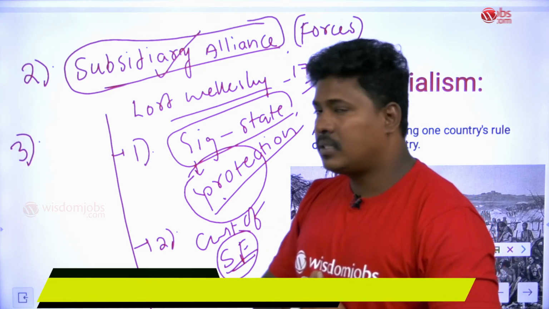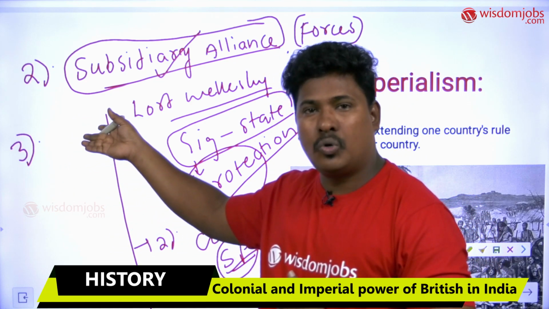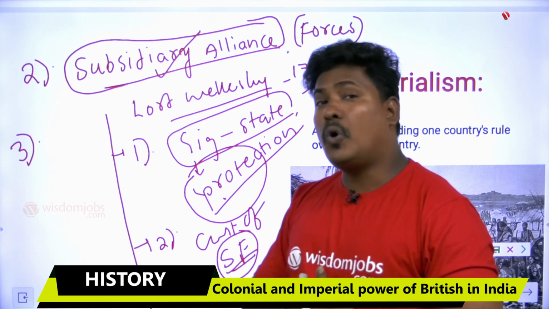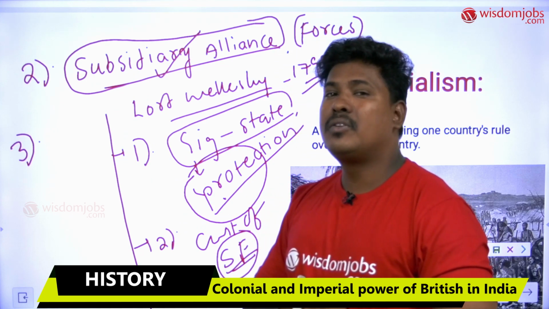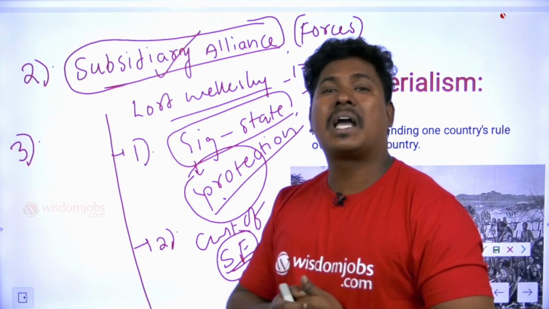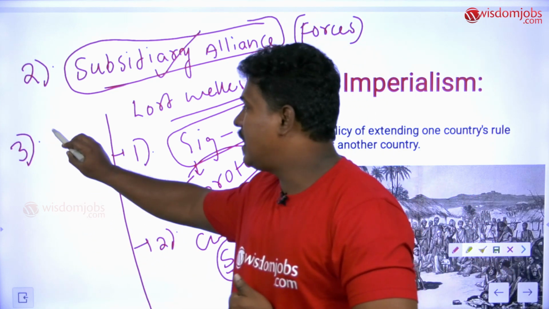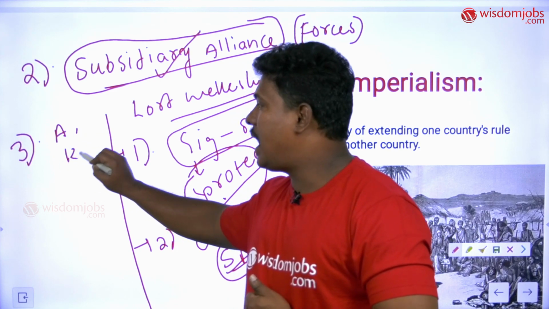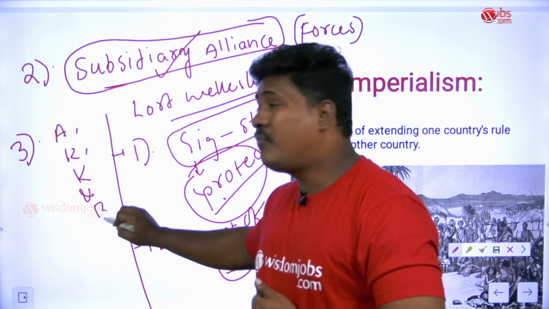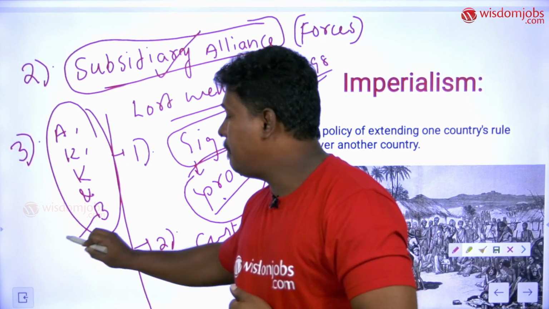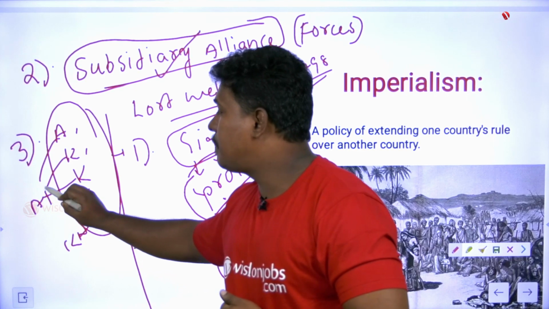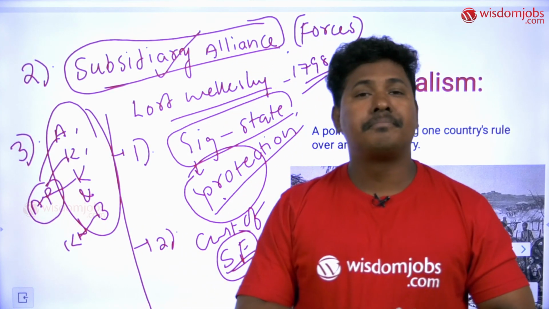As a part of it, the Nizam, when he was unable to pay the entire cost of maintenance of subsidiary forces, ceded so many districts from Rayalaseema and one district from Karnataka, right? And what were they? Anantapur, Kadapa, Kurnool, and finally Bellary from Karnataka, and these three from present Andhra Pradesh, Rayalaseema.